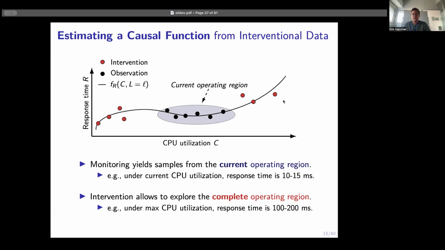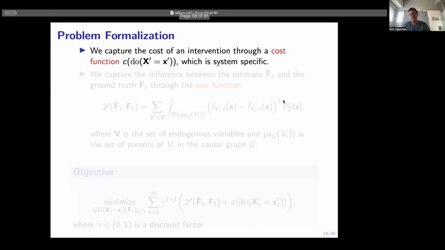In our problem formulation, we capture that cost by defining a cost function C. So for each intervention, we have a certain cost. And this cost function is completely system specific. So you can design it exactly how you want for your particular system. But that is only one part of our objective, to keep the cost low. The second objective that we have is that we want the estimated causal functions to be as close as possible to the true causal functions.